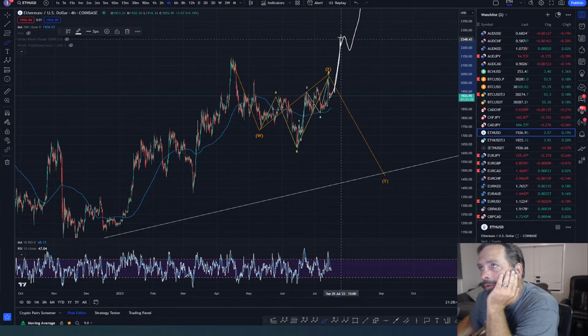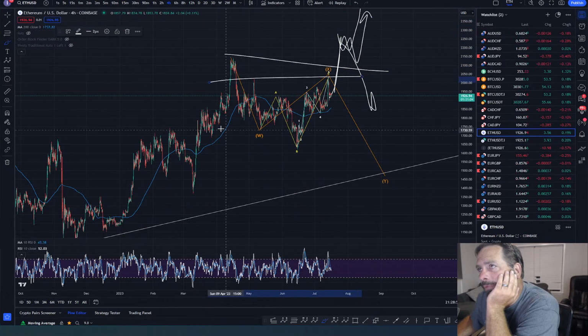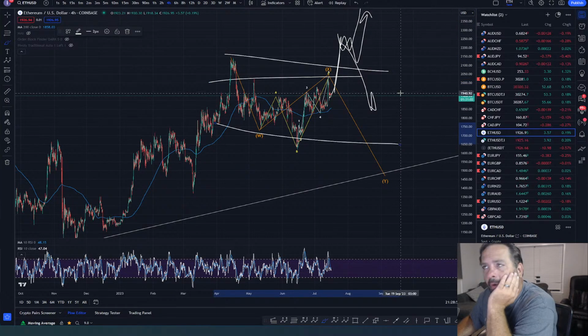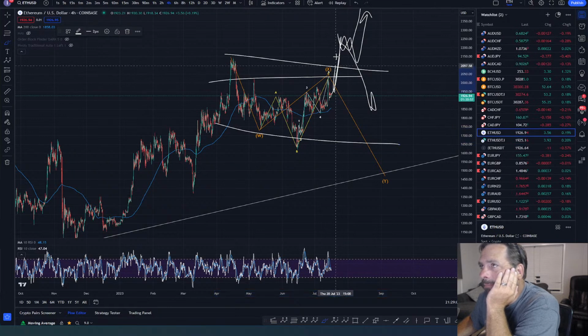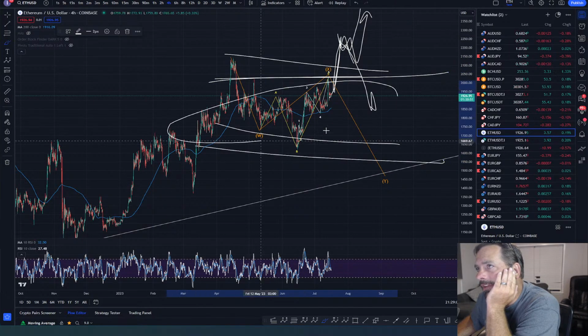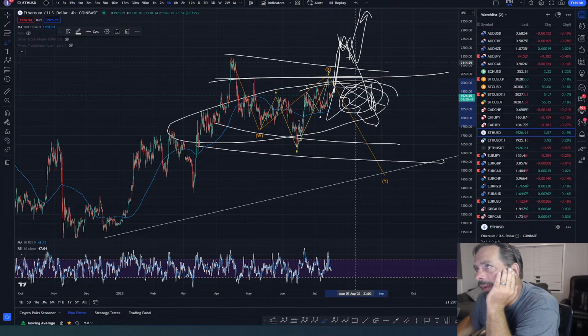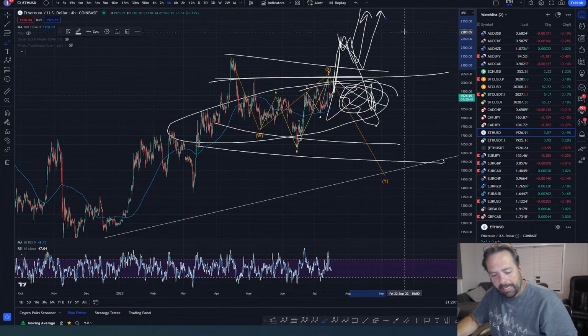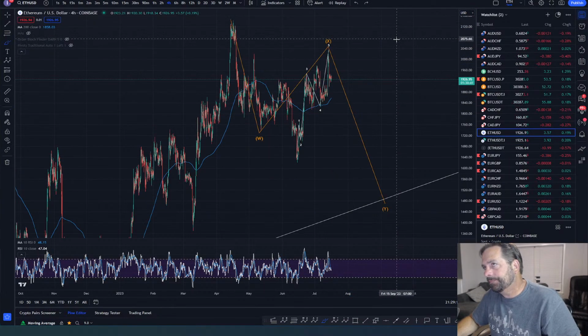I want to see this breakout, retest that breakout, and continue without coming back into this price action zone. That's what I want to see. If I'm going to change my mind and get bullish from here, I need to see price get out of this zone and retest it. I do not want to see it come back in this zone right here at all. Bad news here. I want to see it and then go.